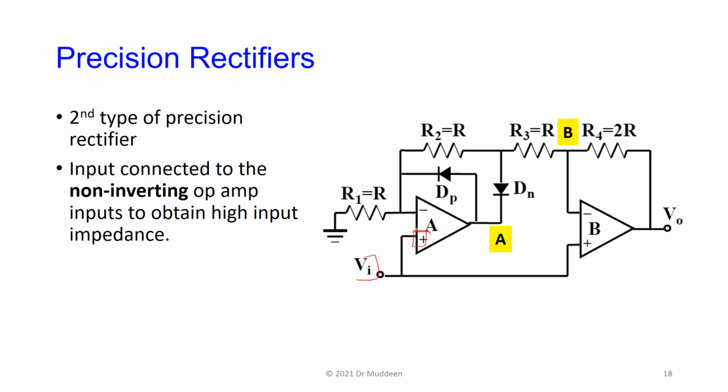It doesn't matter, but typically it has a fairly high input impedance, something like an input bias resistor of about 1 megohm. So on the non-inverting input, the signal sees about 1 megohm for a typical op amp like the 741.